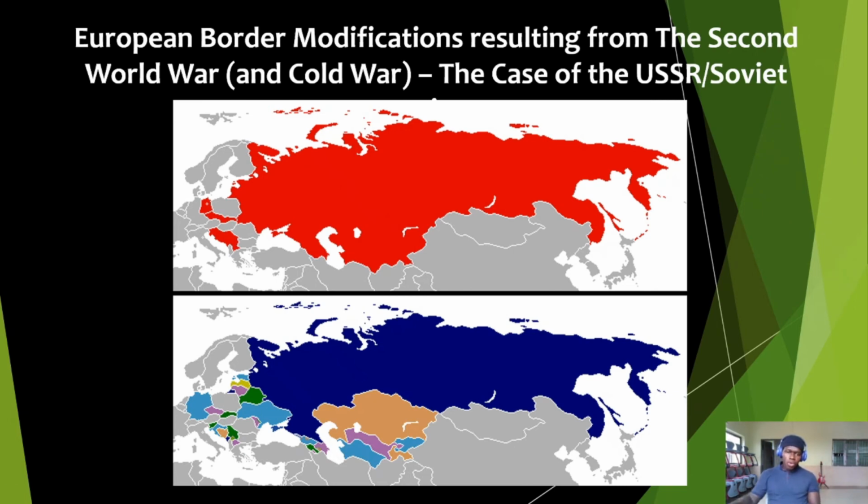Now, if you look at Russia today, it's not as big as this, although it's fairly big. Russia, in addition to all these colored pieces of land down here, put together, is what gives you the USSR, the United Soviet Socialist Republic. I'll get to what socialism means much later on.